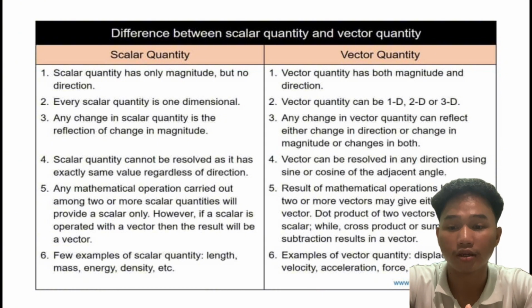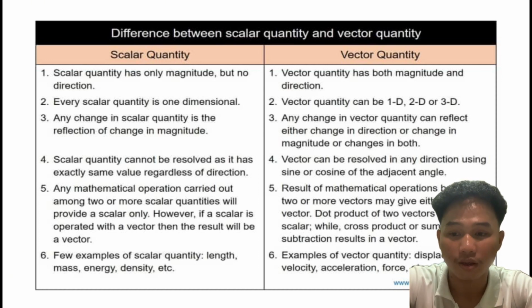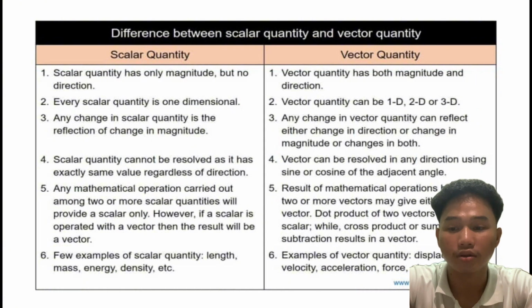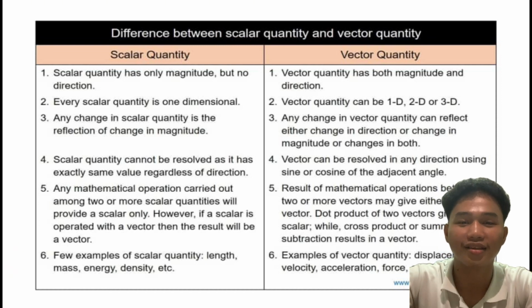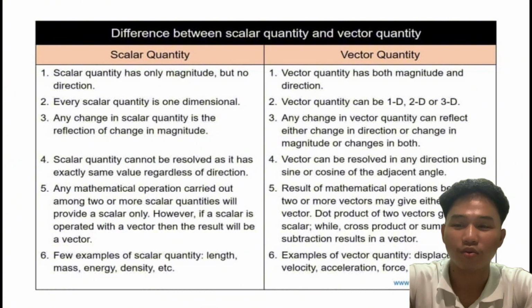Result of mathematical operation between 2 or more vectors may give either scalar or vector. Dot product of 2 vectors gives only scalar, while cross product or summation or subtraction results in a vector. And the last one, examples of vector quantity are displacement, velocity, acceleration, force, and etc. And we go to the next slide.